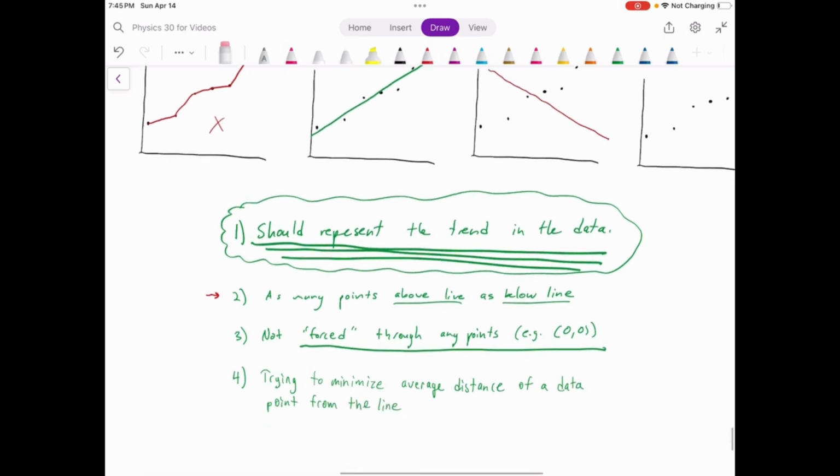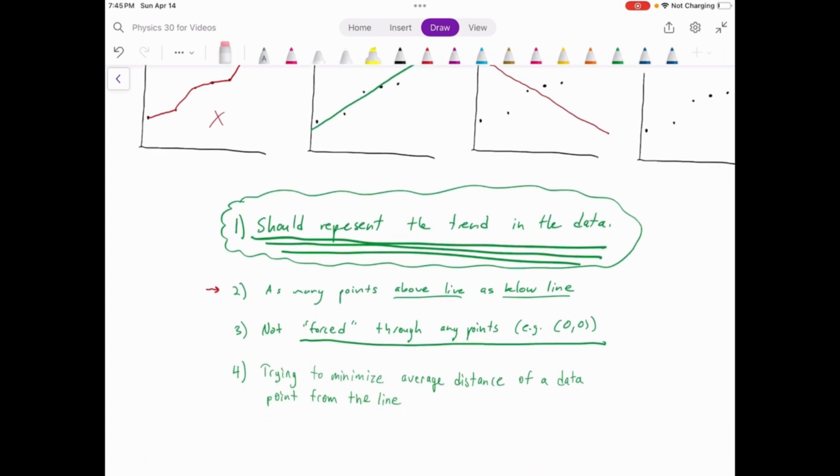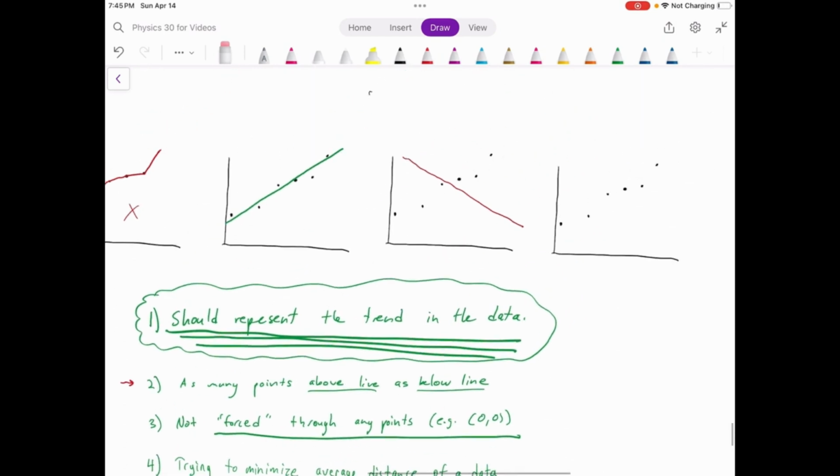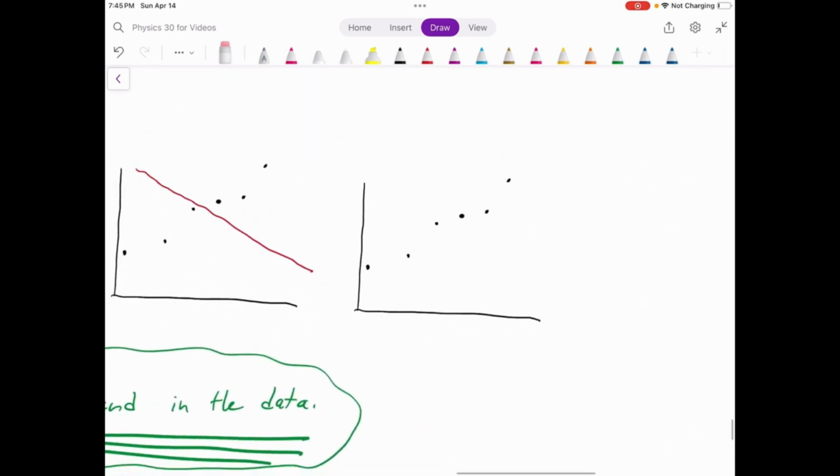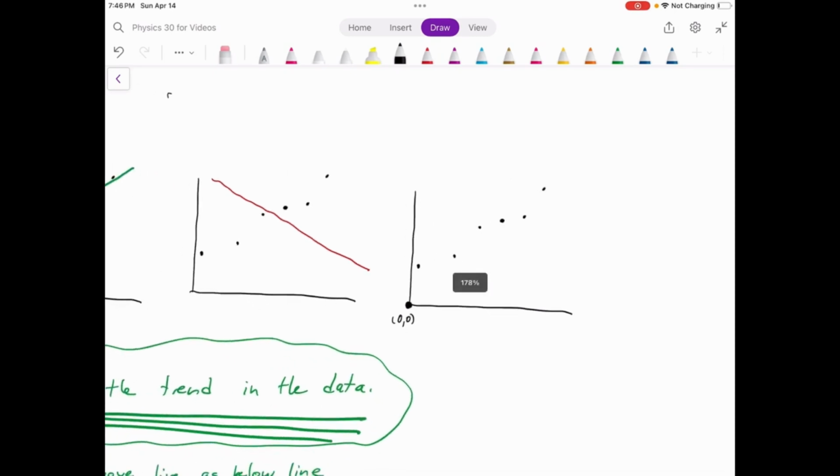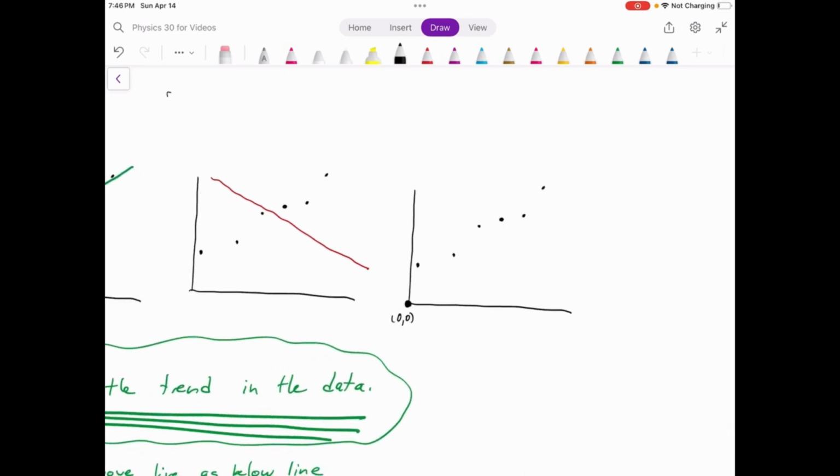Another big common student mistake with lines of best fit is trying to force it through certain points. Students sometimes feel like every line of best fit should go through the origin, through 0, 0. There are a lot of situations where when x is 0, y isn't 0. In fact, looking at this data, does it look like it should be headed to the origin?